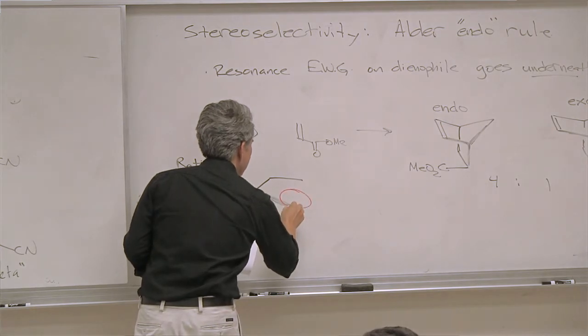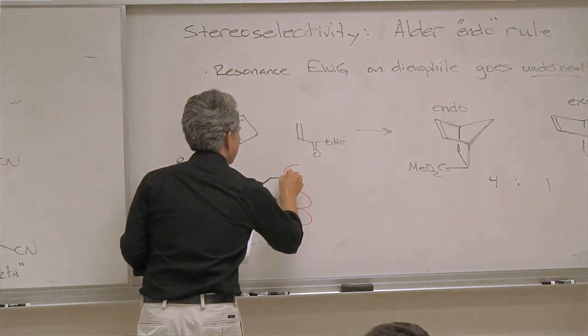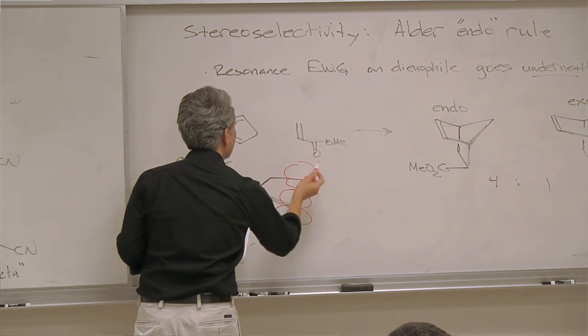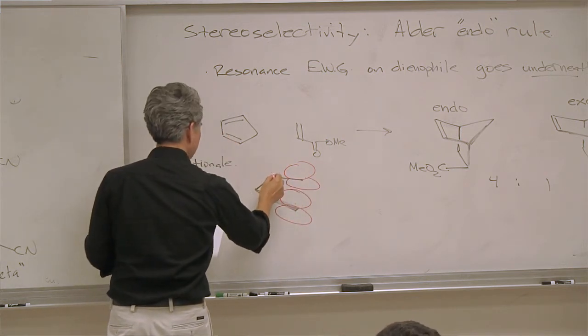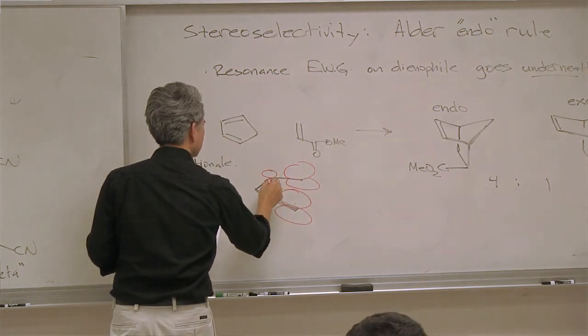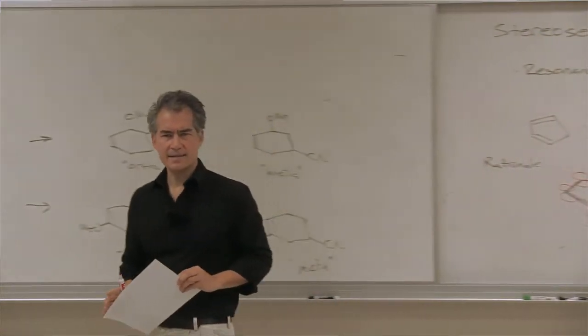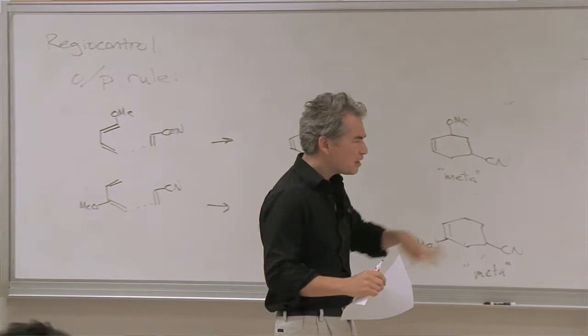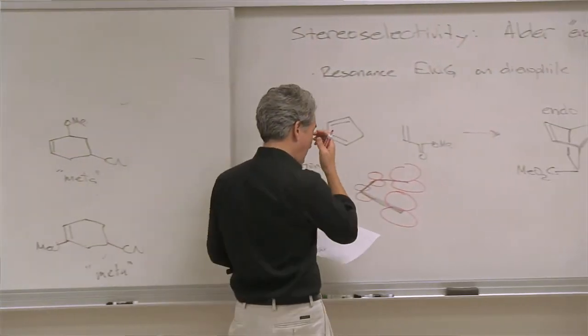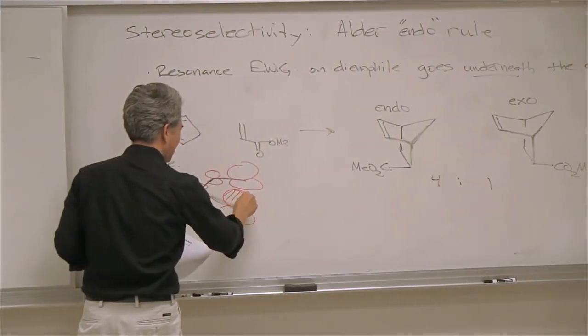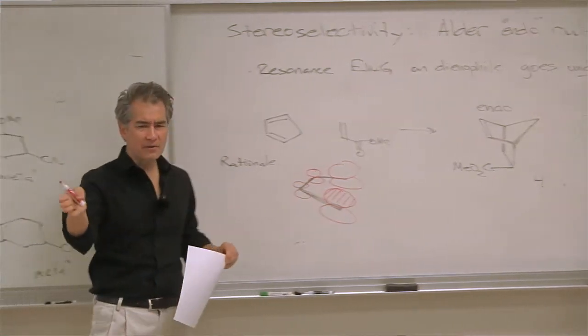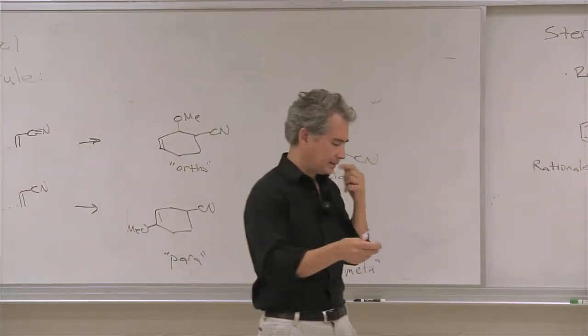And the HOMO for a diene is big, and the LUMO is big on the ends. So first I'm going to put the relative sizes there, and then I'll fill in the phasing. And I'm going to hash the top on one end, and on the other end I'm going to hash the bottom.